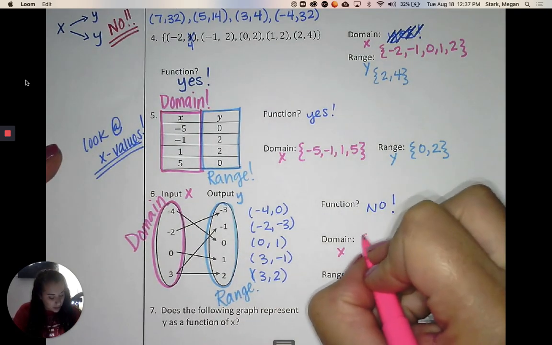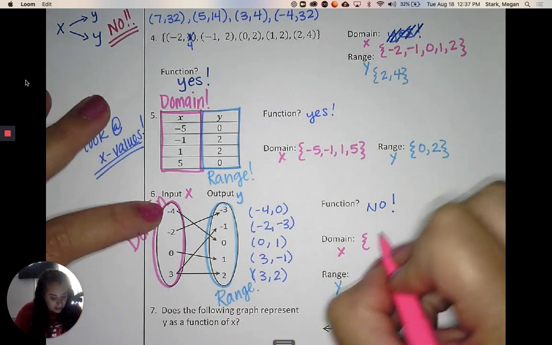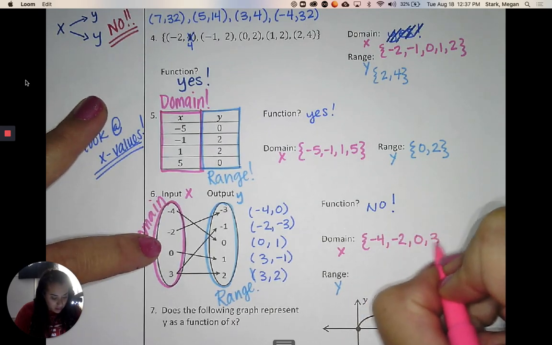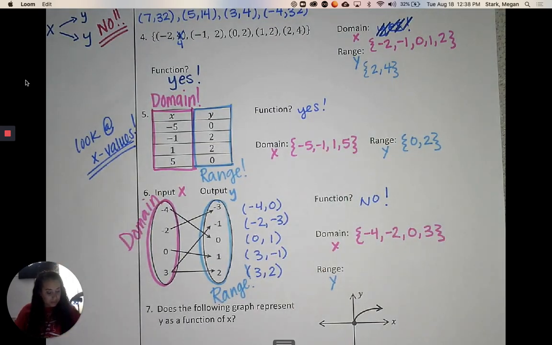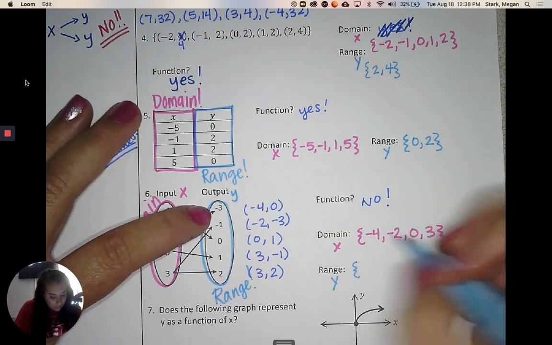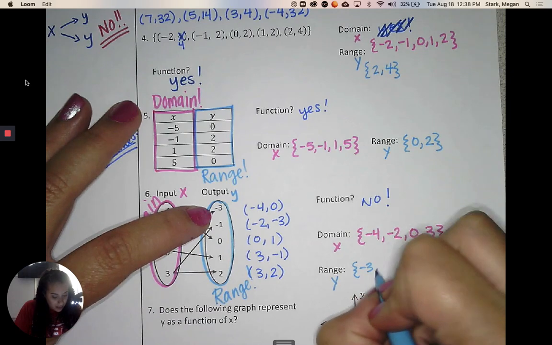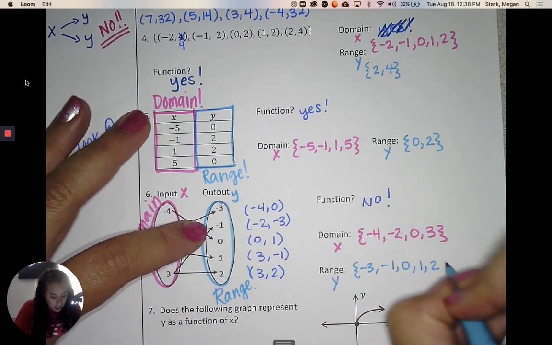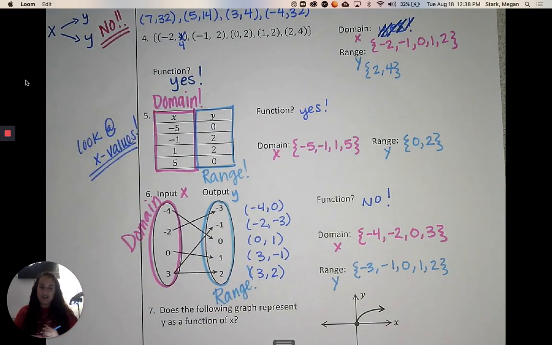From smallest to largest, our domain is -4, -2, 0, 3, and our range, -3, -1, 0, 1, 2. All right, that's domain and range. If you have any questions, let me know.